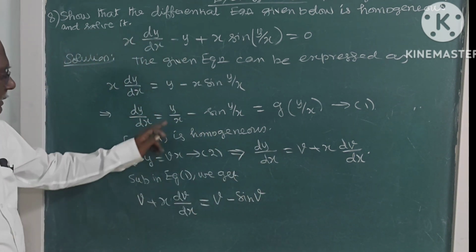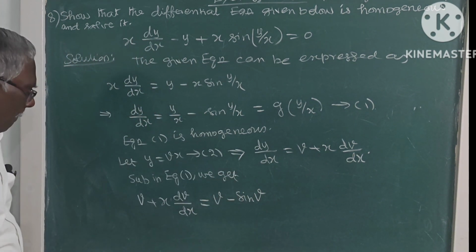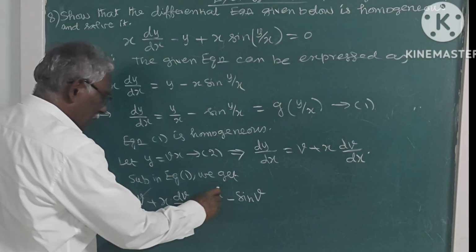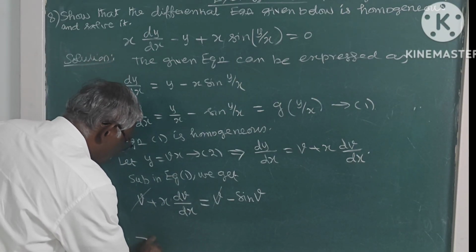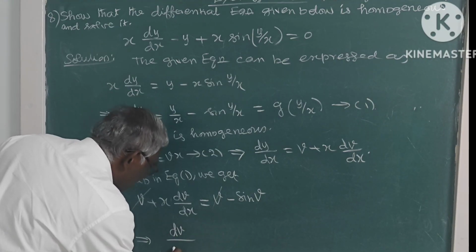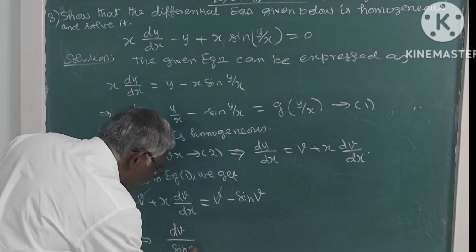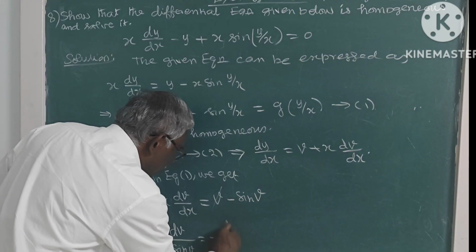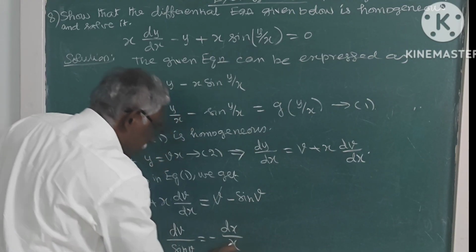Y is vx, so v minus sin v. So this v and this v get cancelled and we get dv by sin v is equal to minus dx by x.